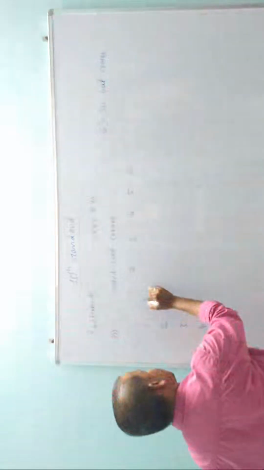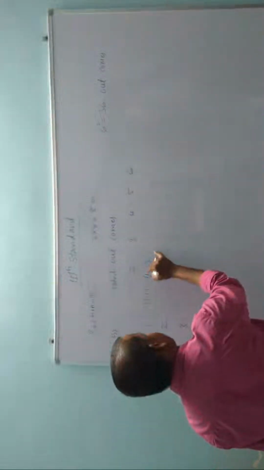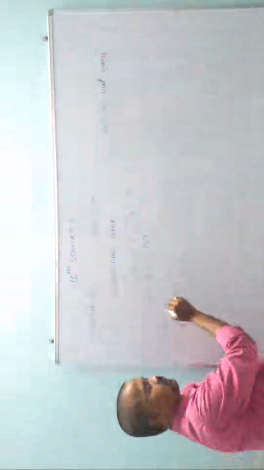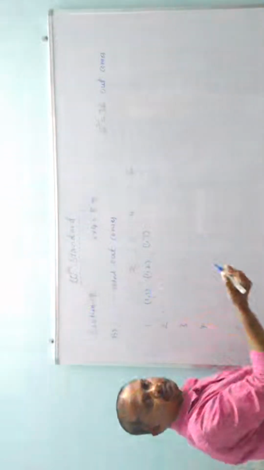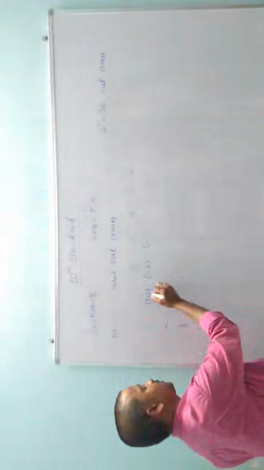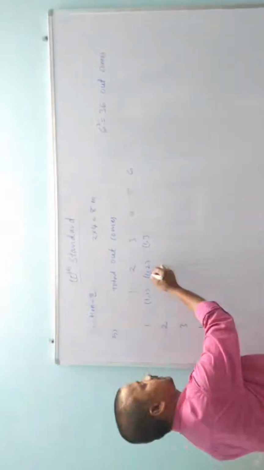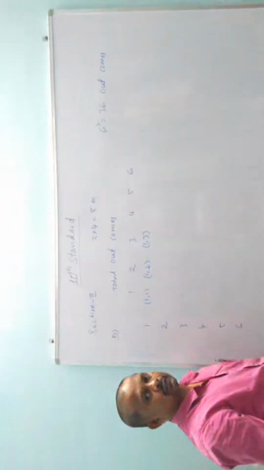So we get 1,1, 1,2, 1,3. On the first dice we get 1, next on the second dice also we get 1. Otherwise if we get 1 on the first dice, we get 2 on the second dice.